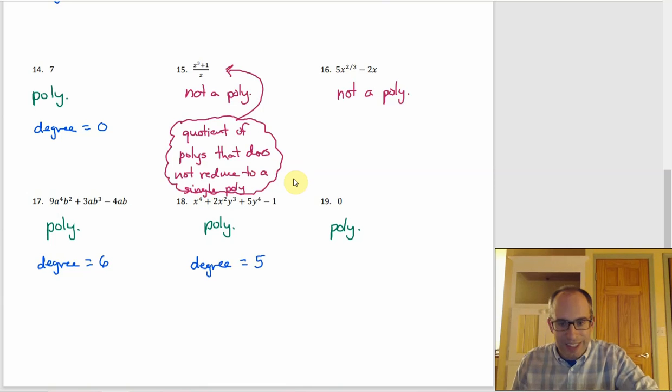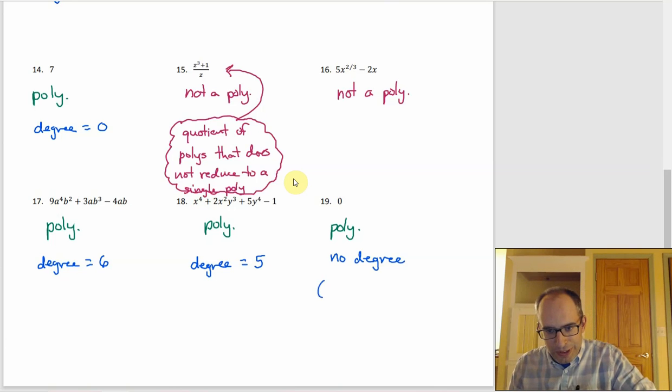The weird one is the last one. This has no degree. And you think, well, wait, that's a constant. Why doesn't it have degree 0? The reason it doesn't have degree 0 is because 0 would be equal to 0x, right? If you had 0x, you would typically just write that as 0. But you'd also do that for 0x squared, or for 0x cubed, and so forth.